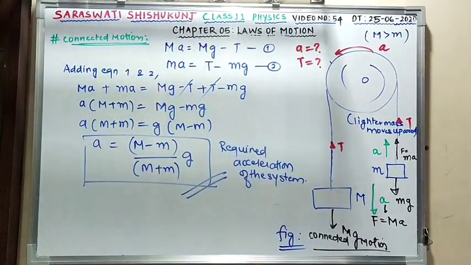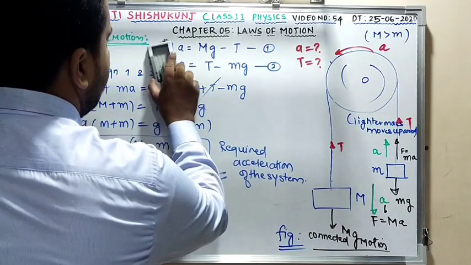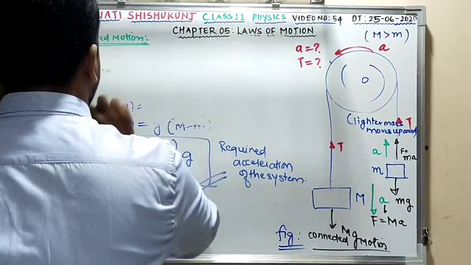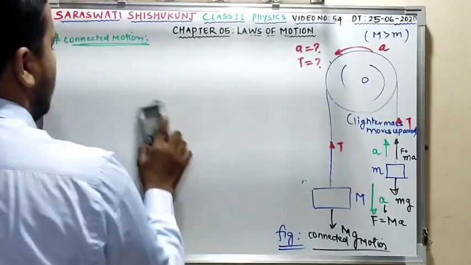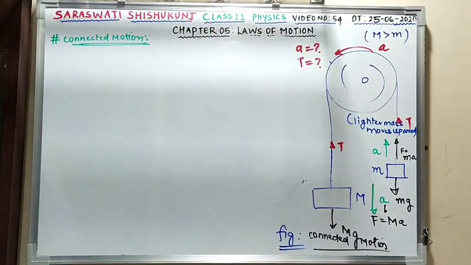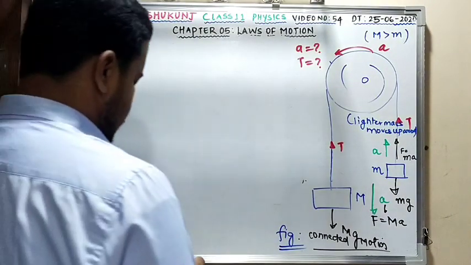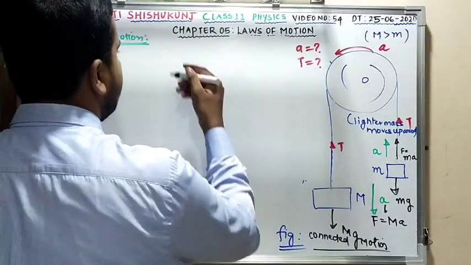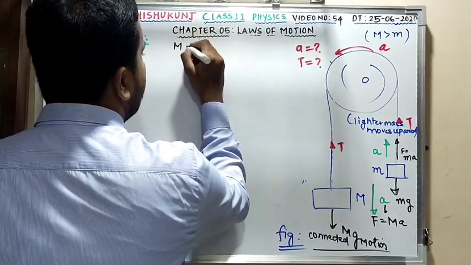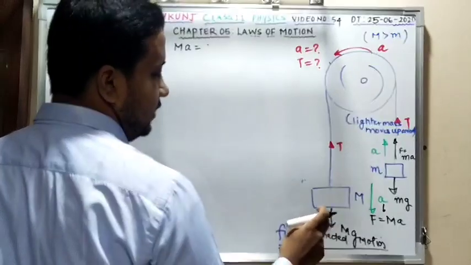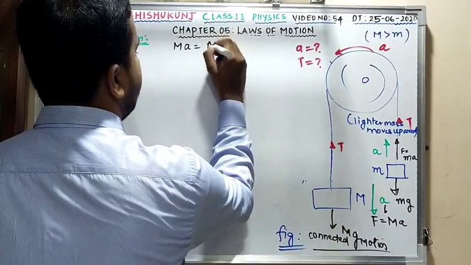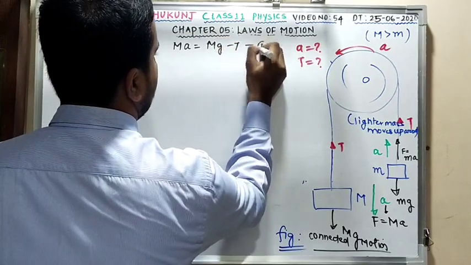For going to that, let me erase it off. For tension, we again have two equations with us. Again I am writing the two equations. The first equation is capital MA is equal to capital Mg minus T, that was equation 1.